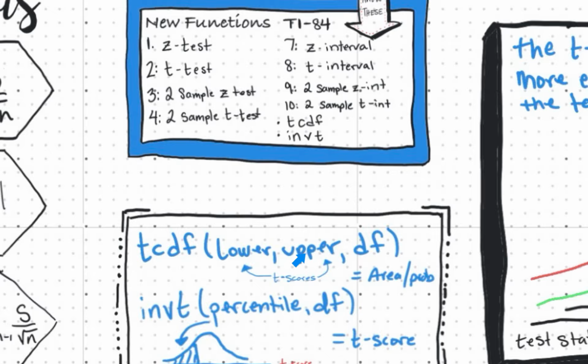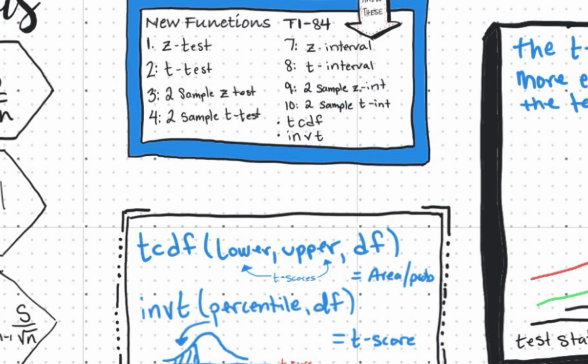So lower value and upper value have to be like the z-scores before. In this case, it's going to be your t-scores. You can't put in x values, right? And then, of course, you're going to use your degrees of freedom. Remember, degrees of freedom is just n minus 1. So at a sample size of 20, my degrees of freedom is 19. Super easy. Okay? Again, this is going to give me the area or the probability of whatever event happening.